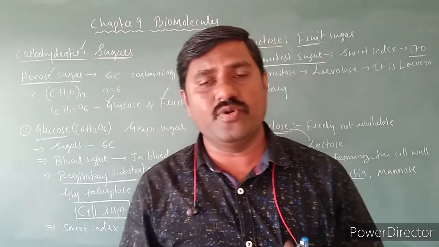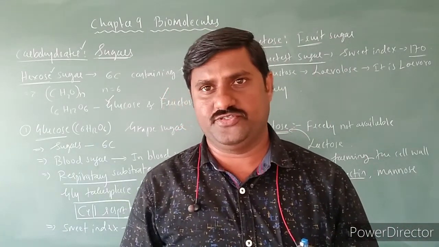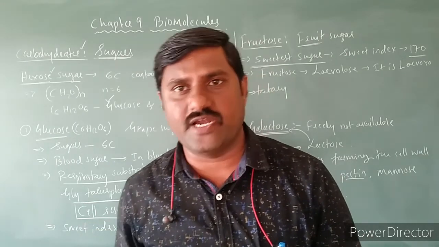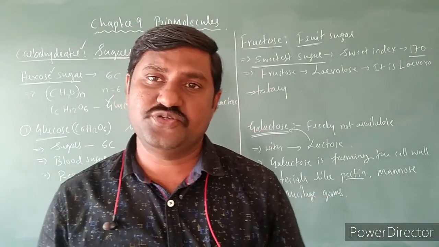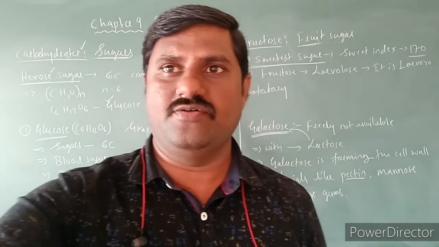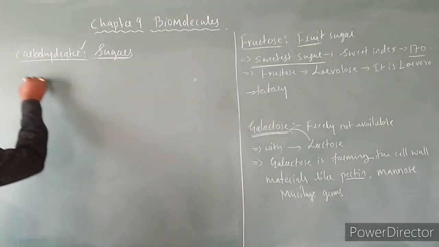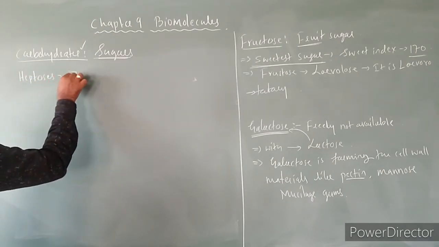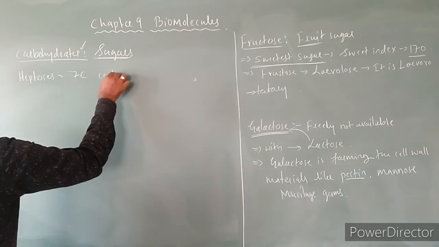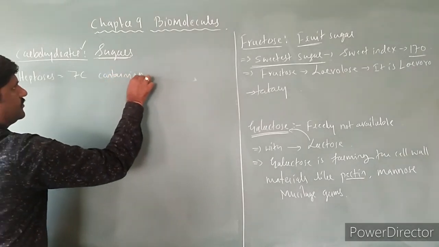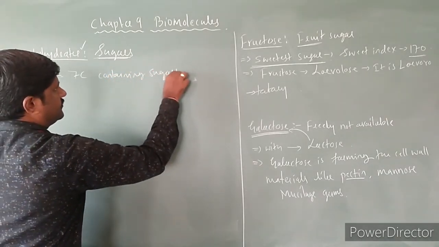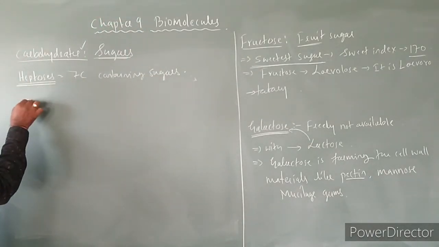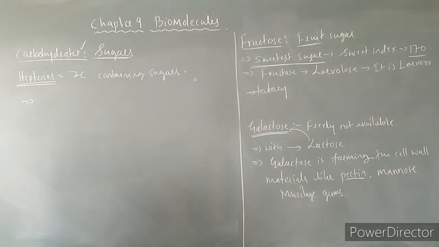These are all monosugars. And one more is there, heptose. Hepta means 7, so these are 7 carbon atom containing sugars, heptoses.